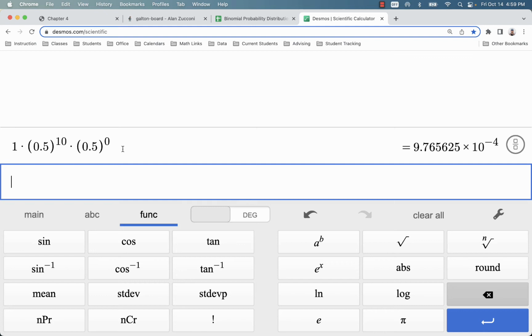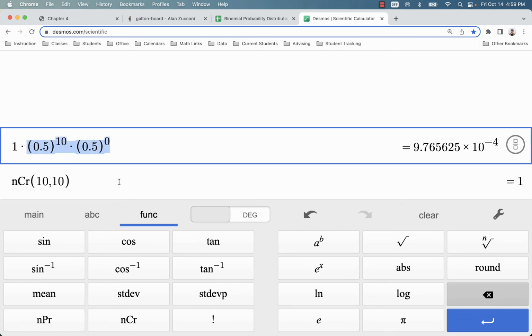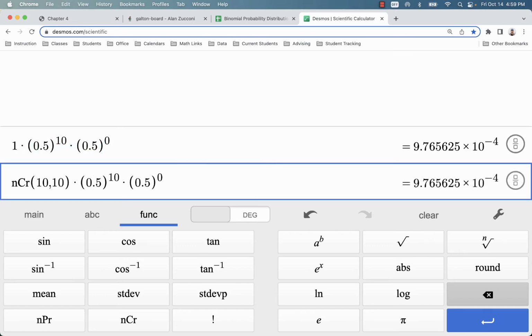So there's my first probability. That's how I could do that using Desmos. And in front, I could change this to nCr and basically say we have 10 trials, all 10 are successes. That's the same as that 1 up there. And I could copy that in here.